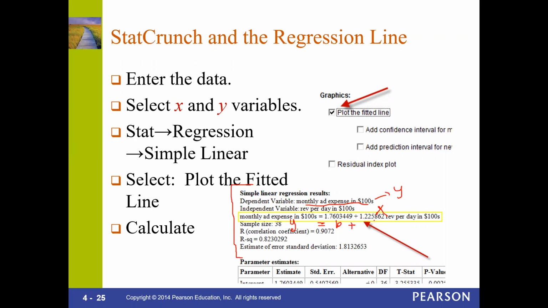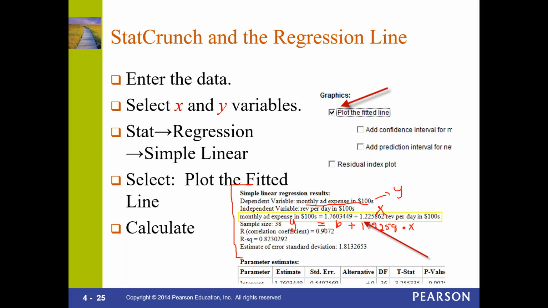This one is going to be 1.22 to 5.8, something like that, times X, where X is the revenue per day in 100 seconds, something like that.